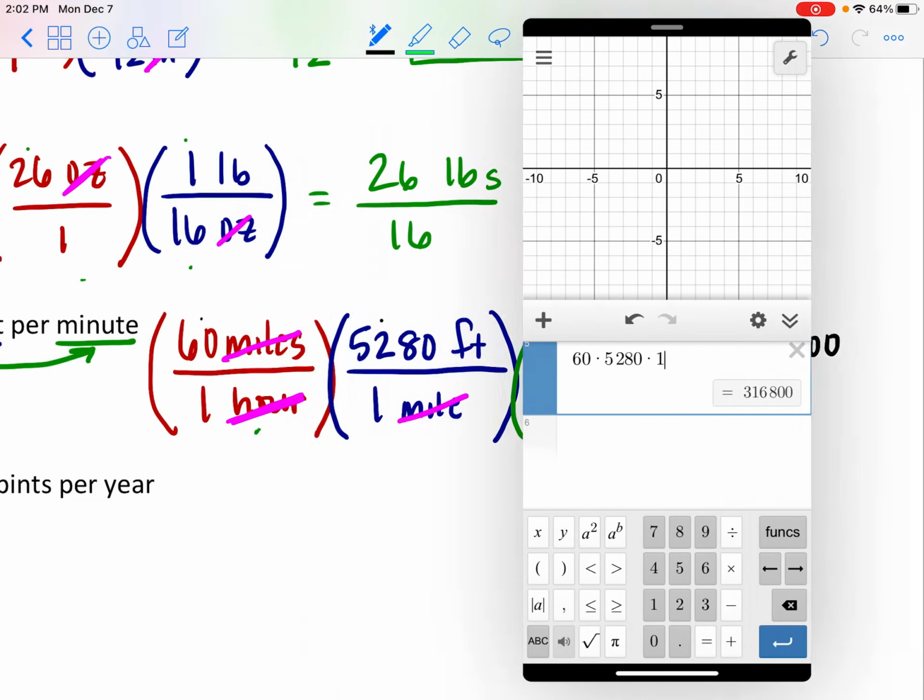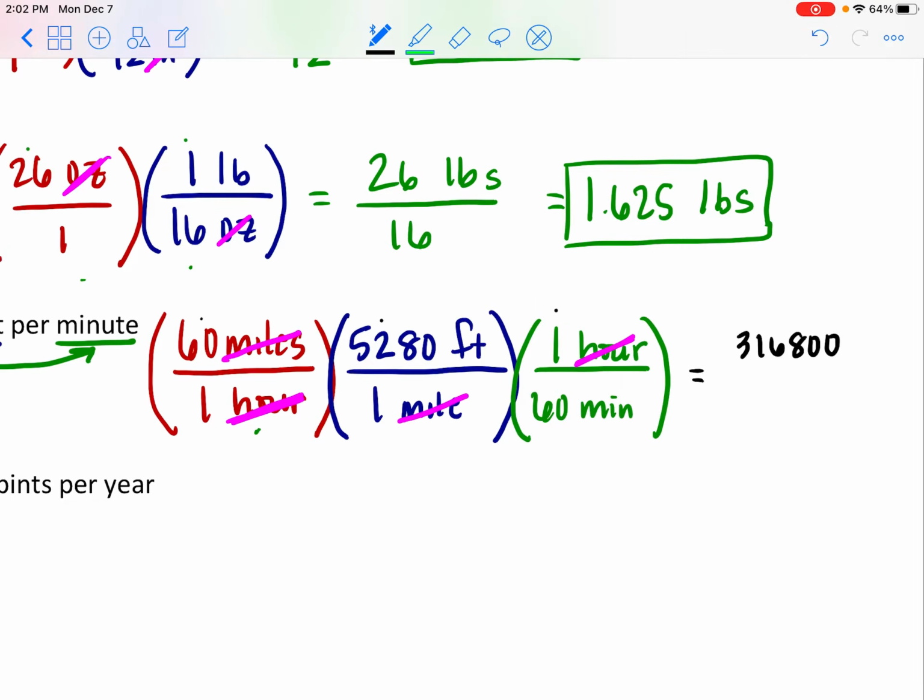And notice the only units left in the top of the fraction are feet. So that's feet. Over on the bottom, 1 times 1 times 60 is just going to be 60, and the only units remaining on the bottom are minutes.